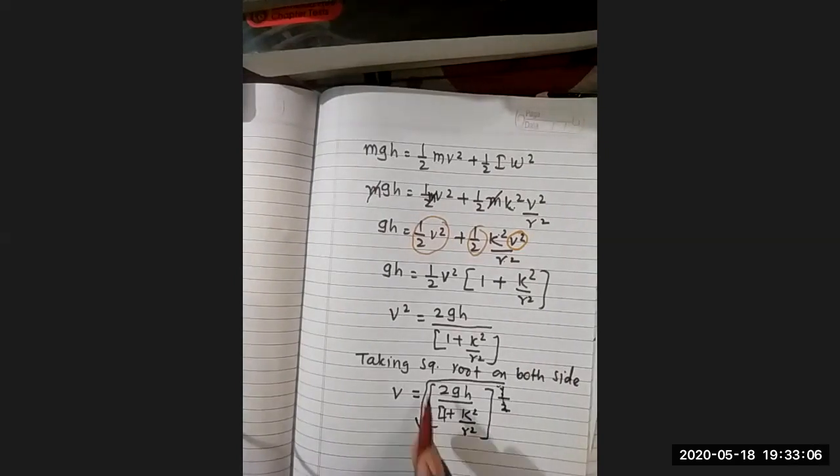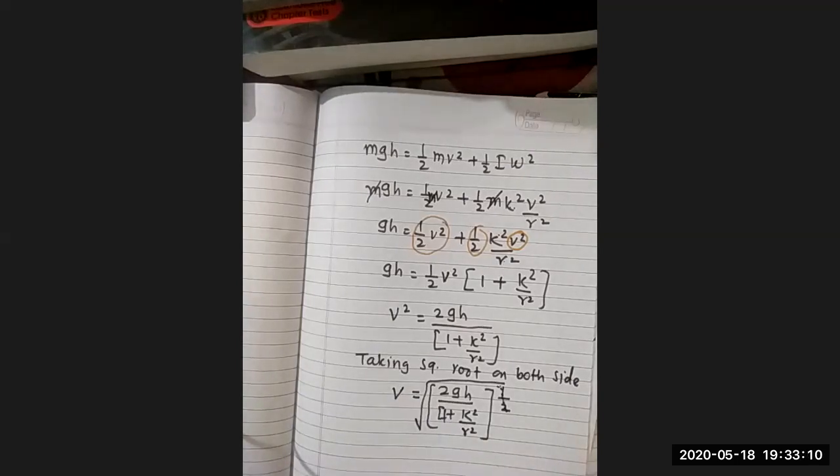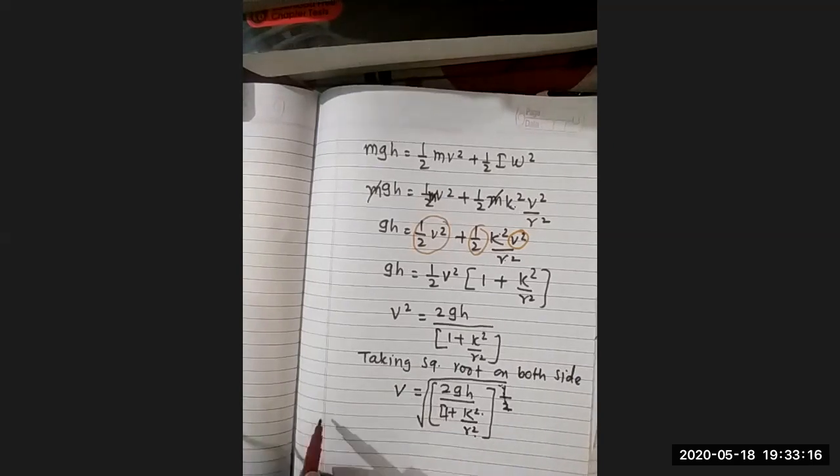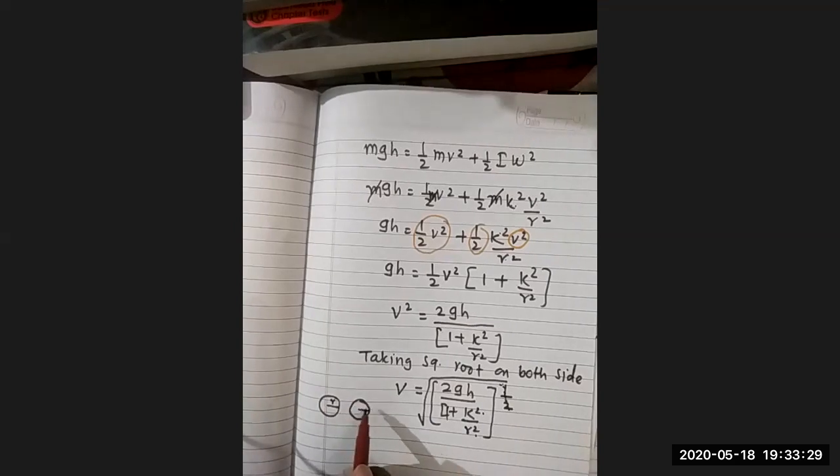This is all about the velocity of that particular body at the bottom. So velocity depends on k, velocity depends on r. So suppose there are two disks. The first disk has a smaller radius, and the second disk has a radius of twice r.